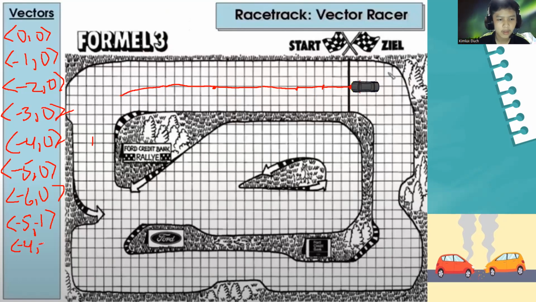Minus 4, minus 2. 1, 2. 1, 2, 3, 4, and then -3, -3, 1, 2, 3. So as you can see what I'm doing here, if you make the wrong move, it could lead you to an elimination by yourself while you are hitting the track, which according to the game instruction means that you are eliminated.